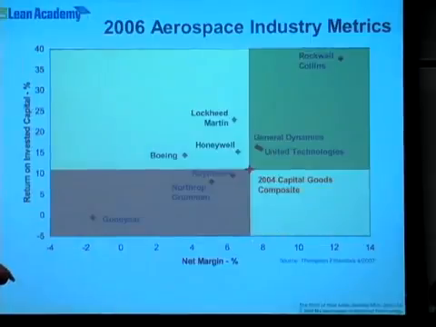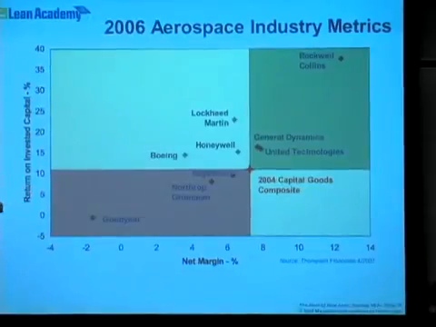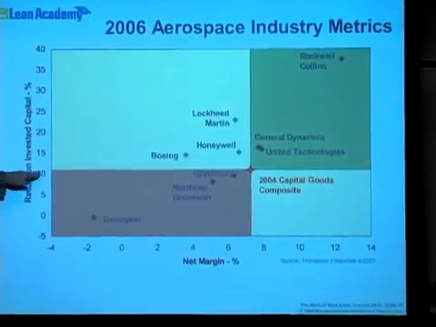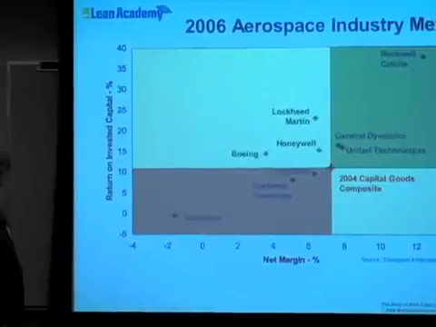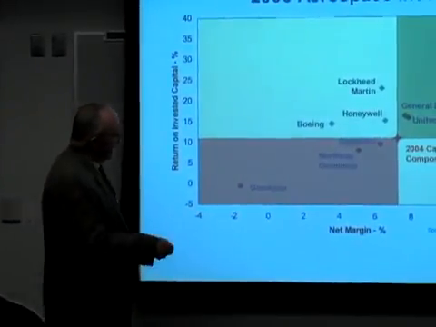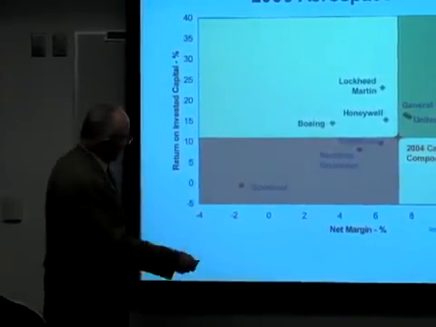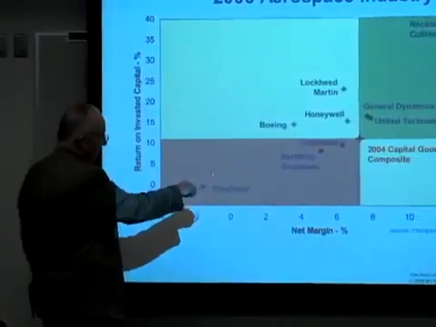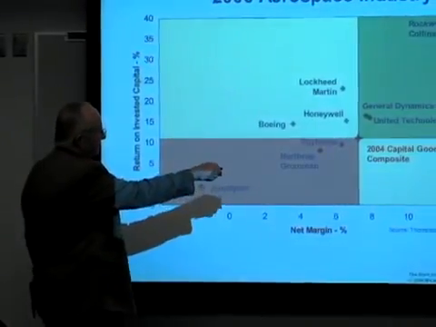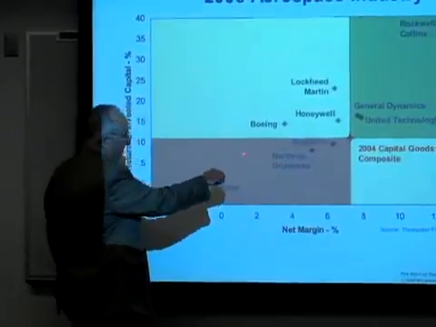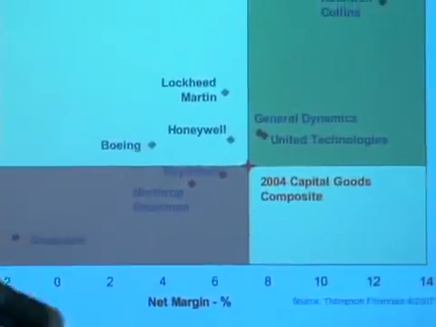And you can see that basically almost 8% margin, net margin. And you can see over here that the return on the invested capital is like 11 or 12%. And you hear some of the aerospace companies. In fact, it's interesting, as we've taught this course, how many of these companies were down here. Boeing and Lockheed and so forth, we were all down here about 5 years ago. And we've, in fact, become more efficient.